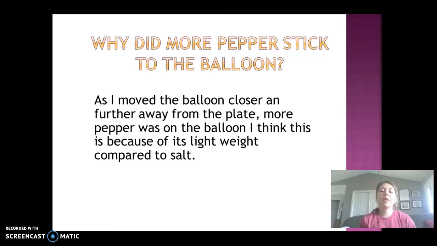I think this was because the pepper was lighter than the salt, so whenever I moved it further away, since the pepper was lighter, it was attracted to the balloon faster. Whenever I moved it closer, the salt was attracted to the balloon just as fast as the pepper, because the closer you moved it, the weight difference didn't really matter, but whenever you moved it further away, the lighter pepper was attracted to it quicker.